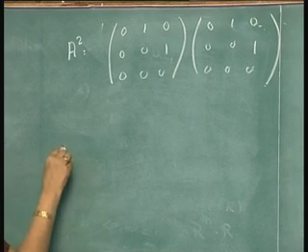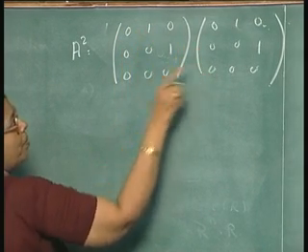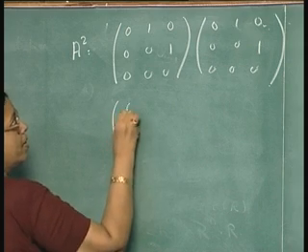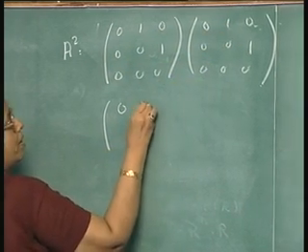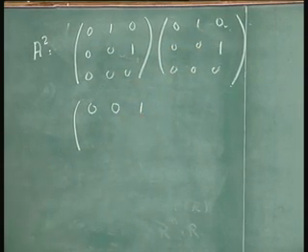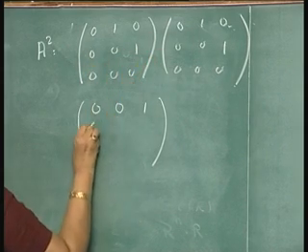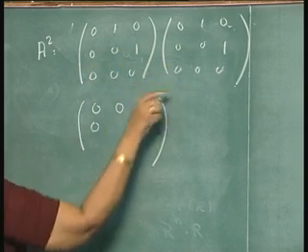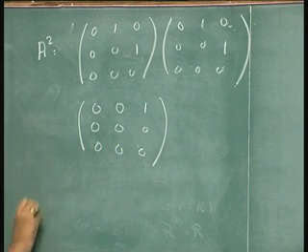If you multiply, what do you get? 0 1 0 multiplied by this is 0, this multiplied by this is again 0, this multiplied by this will give you 1, and the rest of the elements, this multiplied by this is 0, this multiplied by that is also 0, and so on. So, R squared represents A squared.